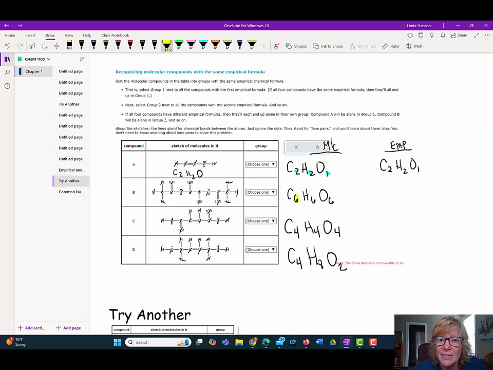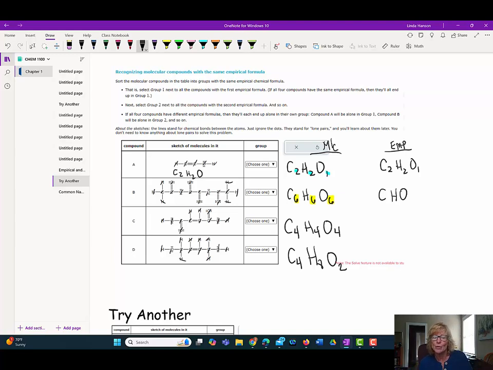I have a 6, 6, and a 6 subscript ratio. That certainly can be simplified since they're all the same number. The simplest ratio would be all ones. Divide through by 6s and you get a 1 to 1 to 1 subscript ratio.